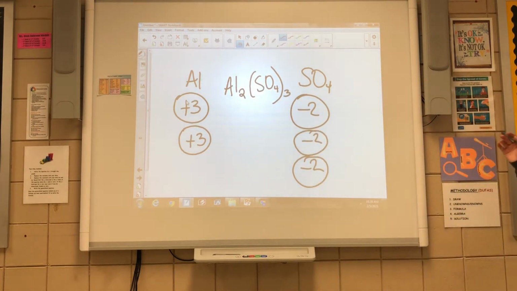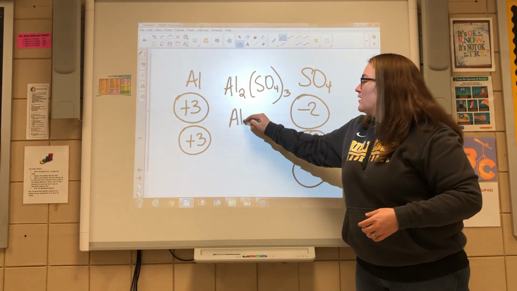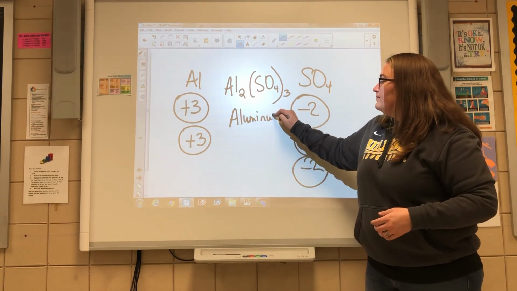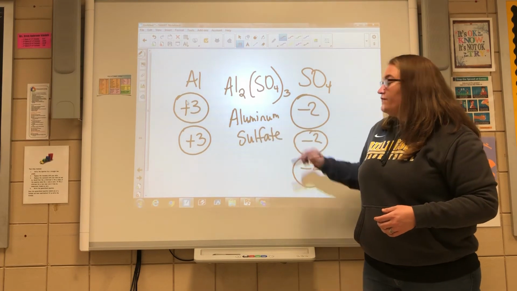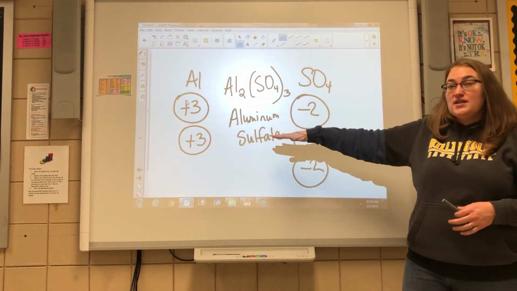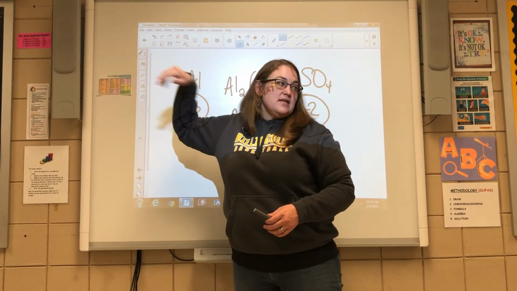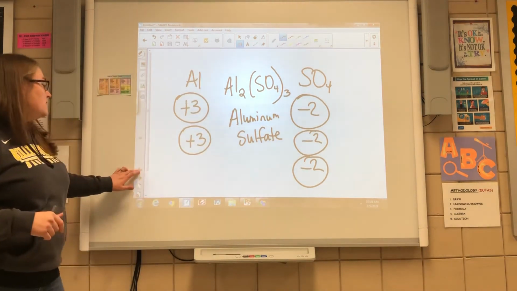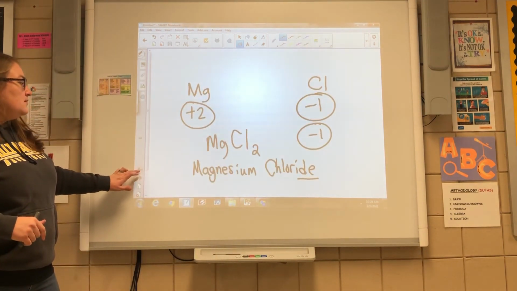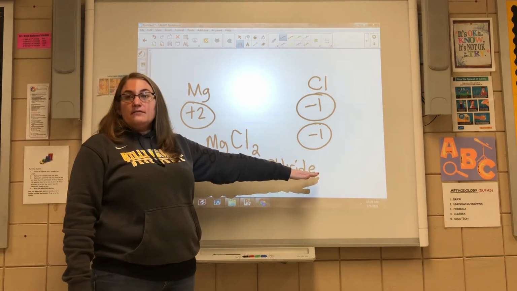Okay? The way I name that with polyatomic ions, you just say aluminum sulfate. You just use the name of the polyatomic ion. There's no changing the ending. You're only changing the ending if it's this binary compound. You change the ending to IDE.